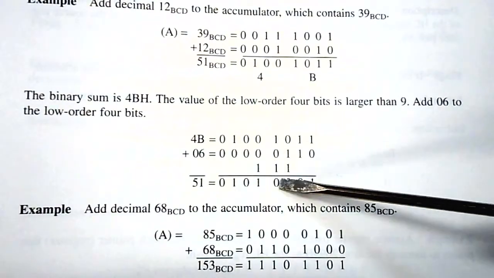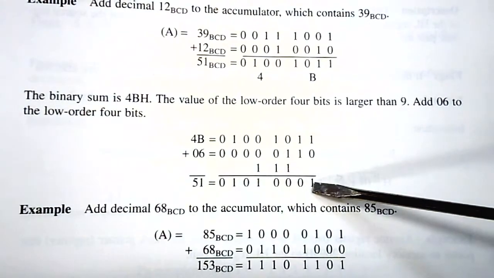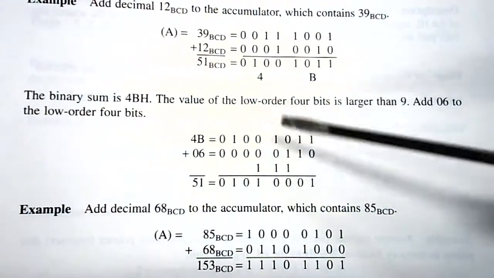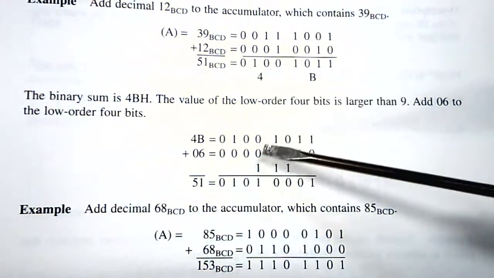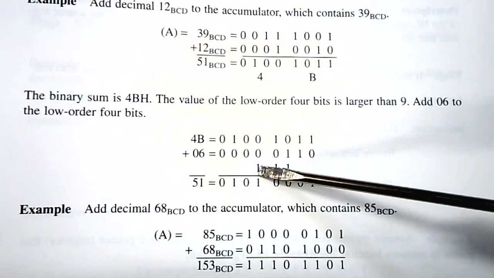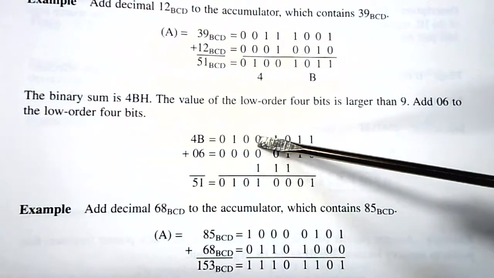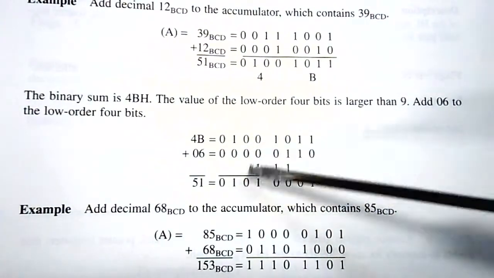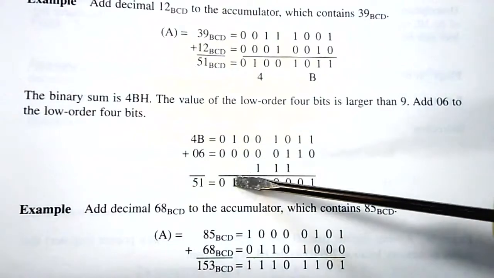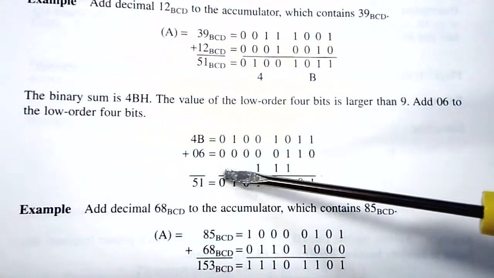So you can see our low order bits are now 1, which is what we expected when we do BCD math. So now we have the auxiliary carry plus the 0 gives us 1, and then 0 plus 0 gives us 0, and then 0 plus 1 gives us 1, and then 0 plus 0 gives us 0.